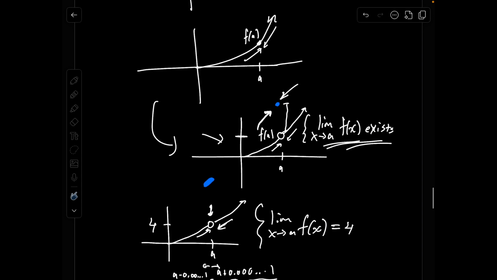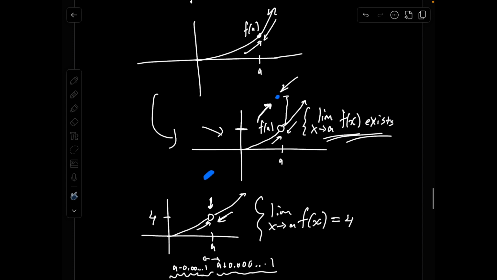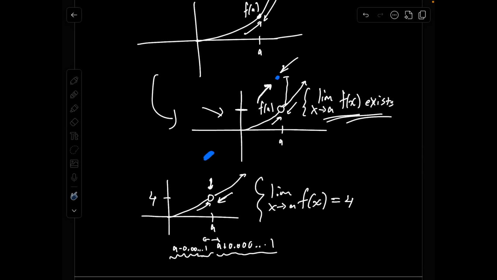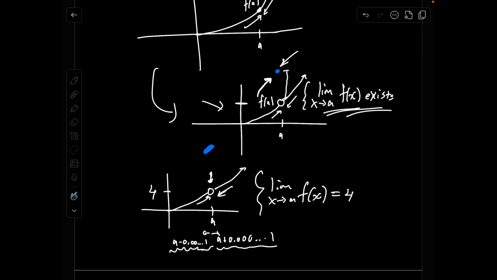The reason that this has to be said is because the limit as x approaches a of f of x can still exist if a is just a tiny bit bigger, and if a is just a tiny bit smaller. The values will still be approaching this y value of 4, right?